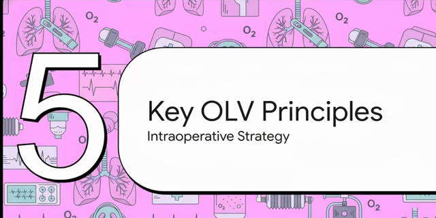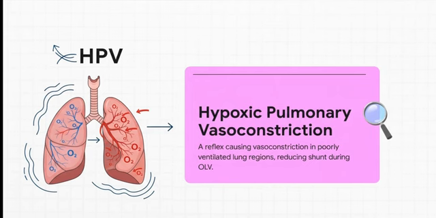So, with our comprehensive assessment complete, how does this actually change what we do in the operating room? A thorough workup is really only useful if it directly informs our intraoperative strategy. So now we're going to focus on 2 key physiological principles that directly link our preoperative findings to how we manage one-lung ventilation. First up is hypoxic pulmonary vasoconstriction, or HPV.